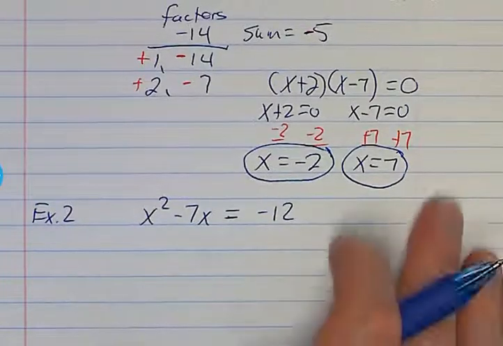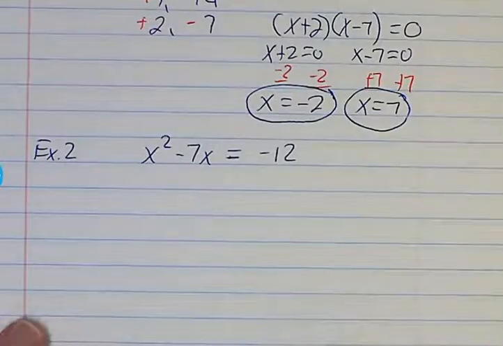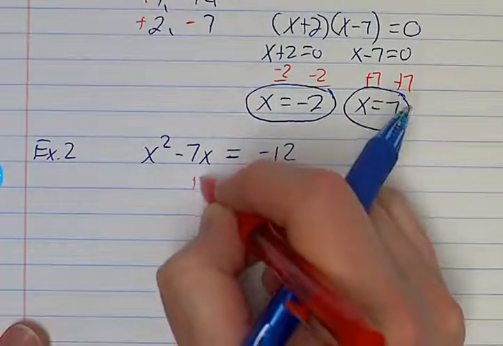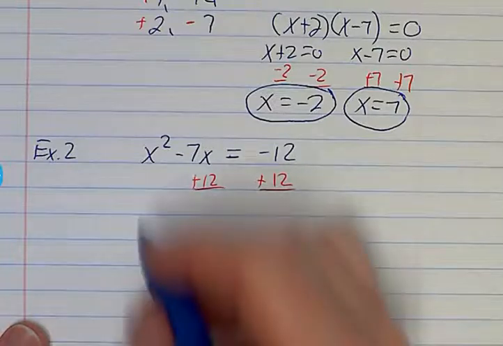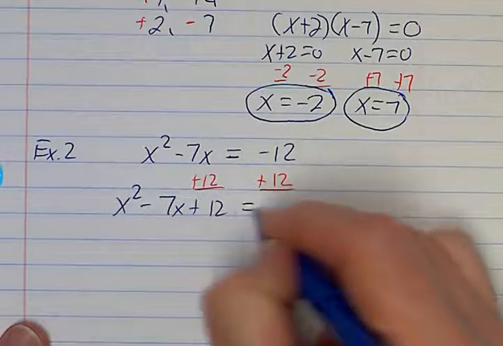Okay, and again, we said back up here a minute ago that for solving by factoring, it has to equal 0. This one doesn't, so the very first thing is we've got to get rid of this 12. So let's add 12 to this side to cancel this one out. So we've got x squared minus 7x plus 12 equals 0.